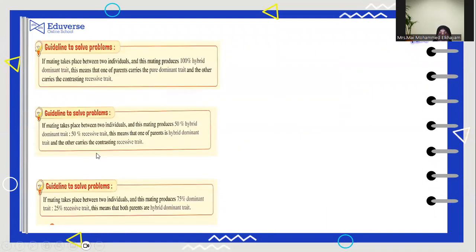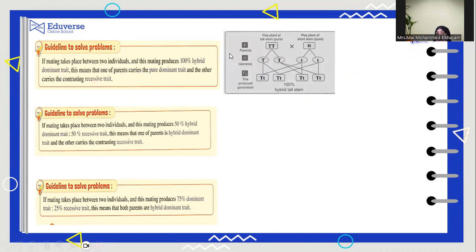Guidelines to solve problems. If mating takes place between two individuals and this mating produces 100% hybrid dominant trait, this means that one of them carries pure dominant and the other carries what? Recessive trait, like that. I have T capital with T small. All of the generation will be hybrid, but the dominant trait will appear only.